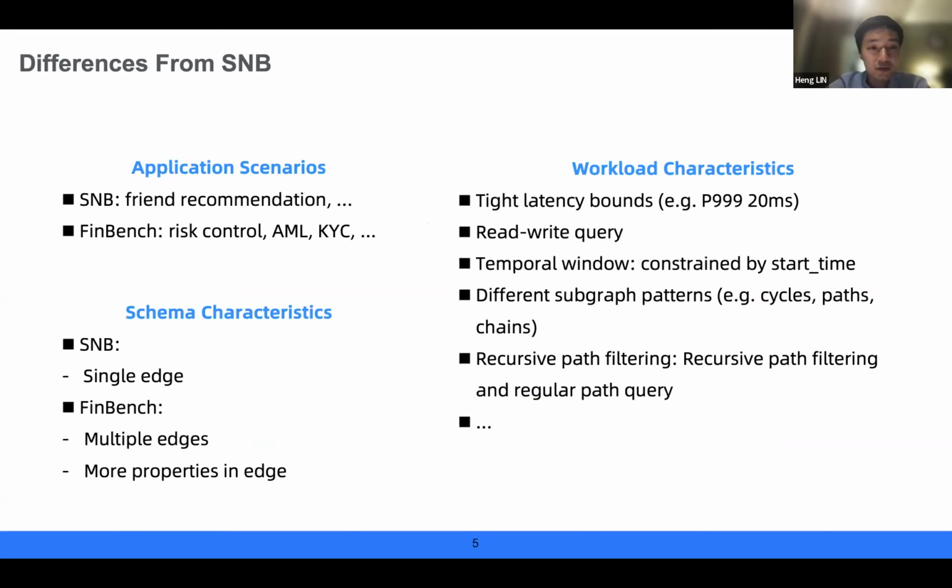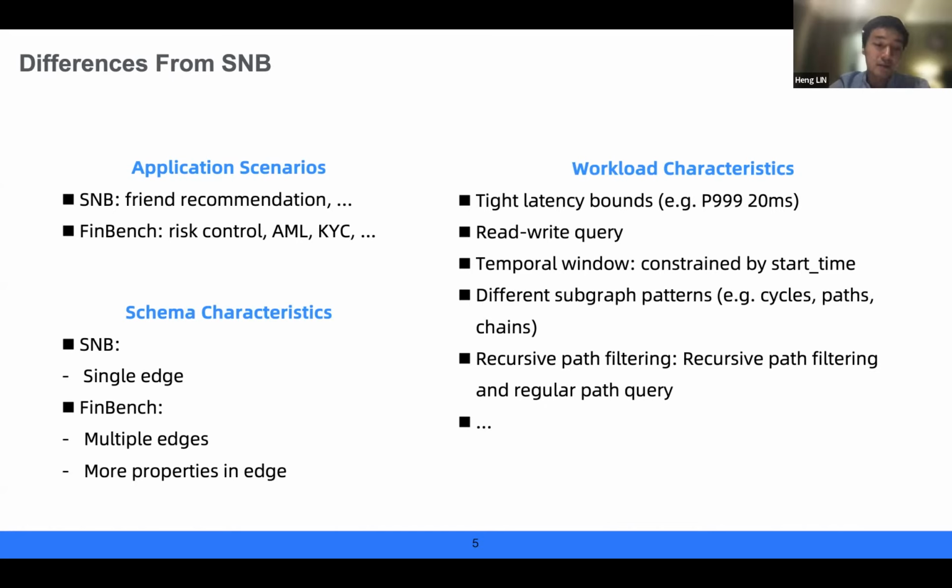What is the difference? At first, the application scenarios are different. SNB has something like friend recommendation, and the financial benchmark is about risk control, anti-money laundering, and know your customer. So it results in schema characteristic differences.